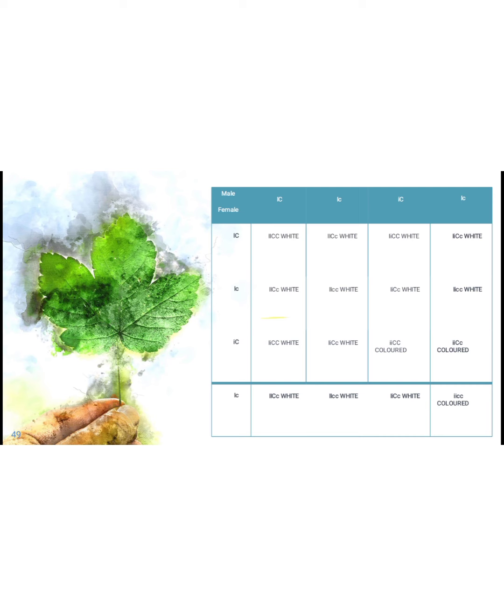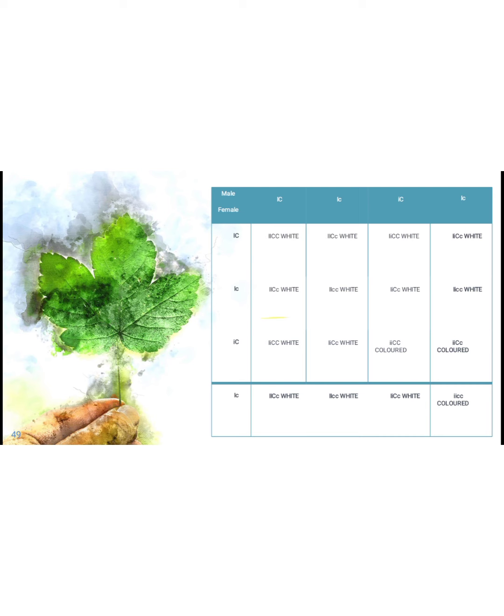Crossing will be done, each female gamete to each male gamete. So for example, IC crosses with IC, with Ic, with iC, with ic. Crossing will be done, and after the crossing we get a result.